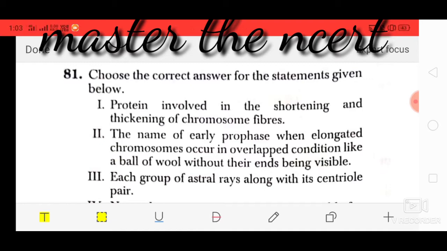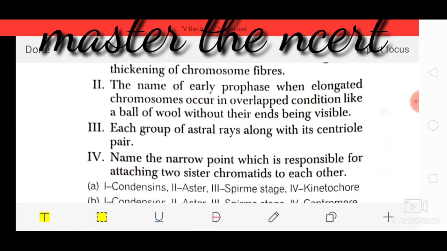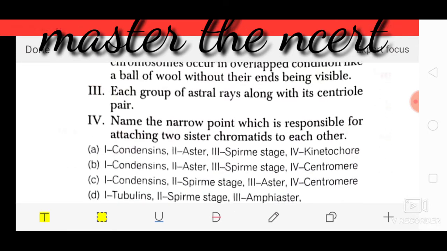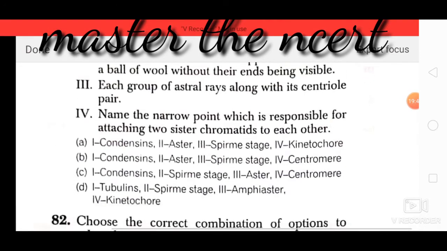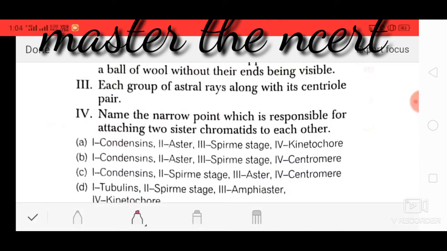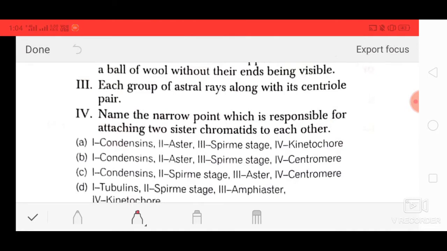Third is each group of astral rays along with its central pair. Fourth is the name of the narrow point which is responsible for attaching two sister chromatids to each other. The options are first condensins, second asters, third is spireme stage, and D is kinetochore. And the correct answer of this question is option number C, that is A is condensins, B is spireme stage, C is aster, and fourth is centromere.